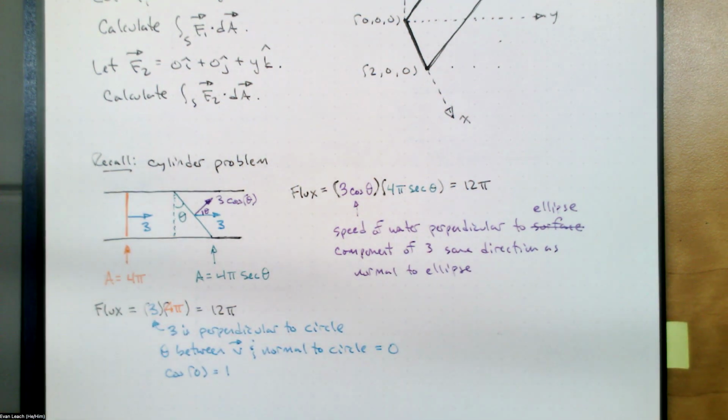That's the component of the 3 that's in the same direction that's normal to the ellipse. In this problem, the area increased, and so we're looking at less velocity. Because in the cylinder problem, the flux, the volume of water going through the pipe, needed to remain constant.